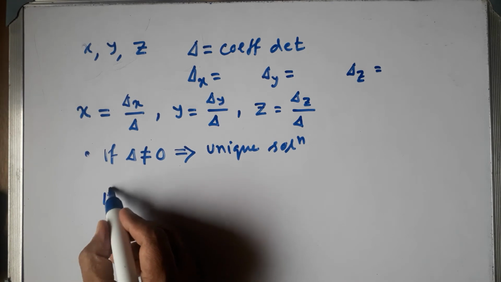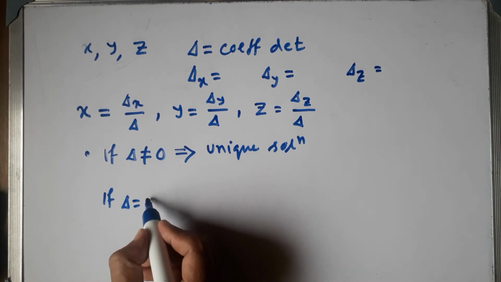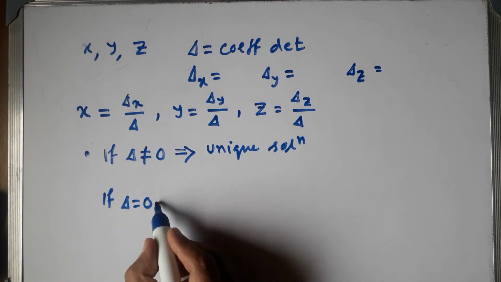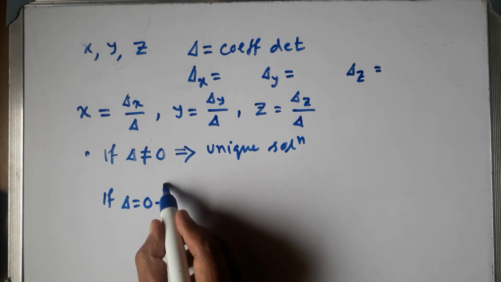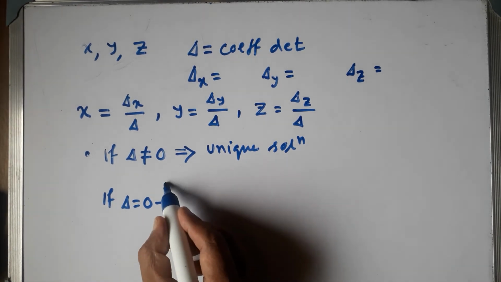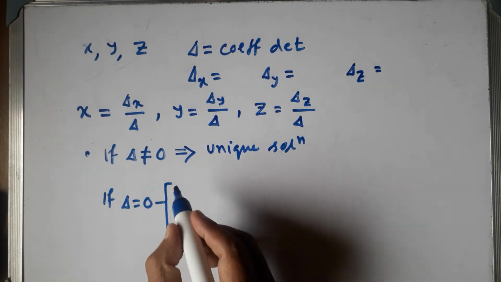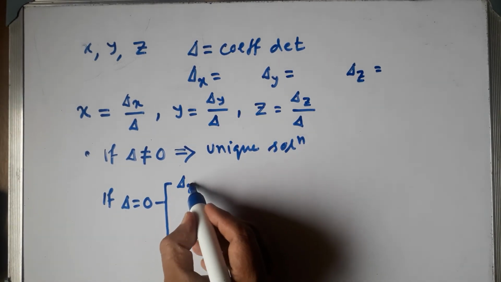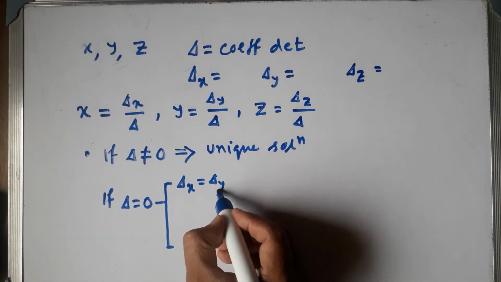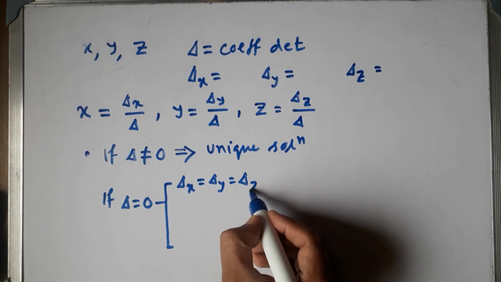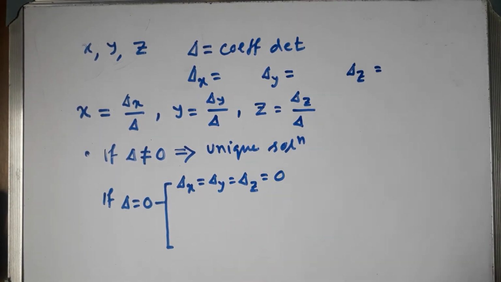Next, if delta is equal to 0, I shall divide this into two cases. Suppose delta x, delta y and delta z all are 0.